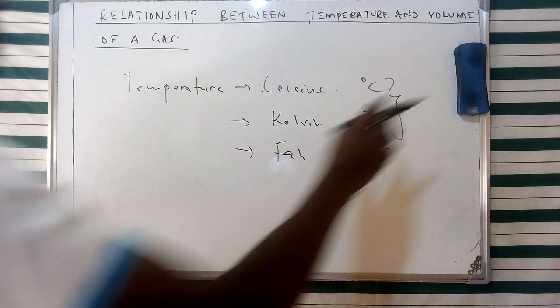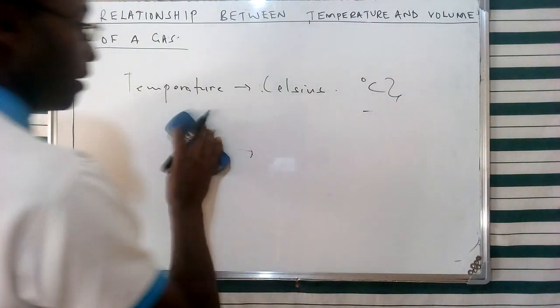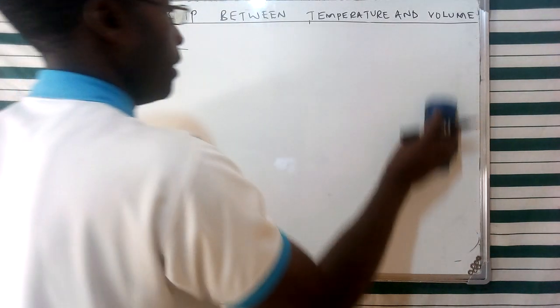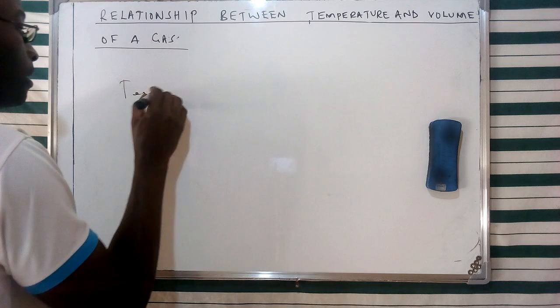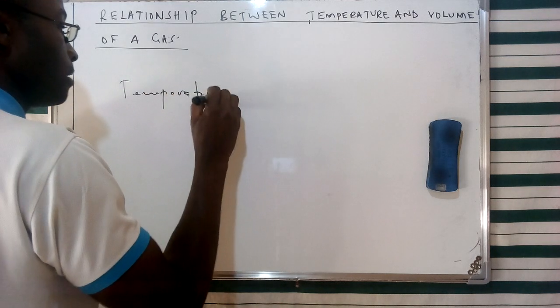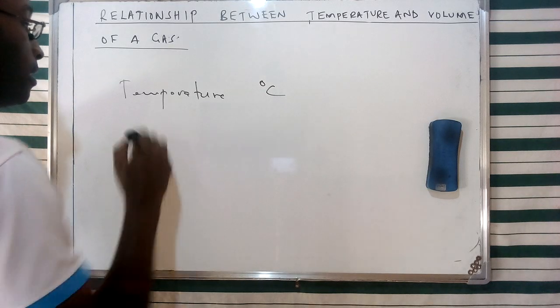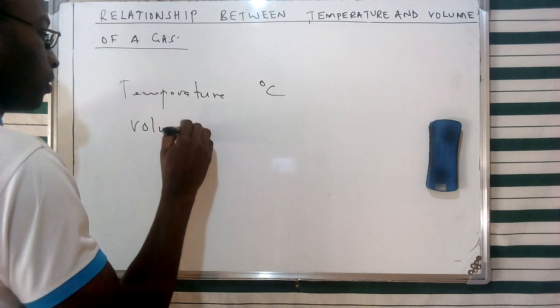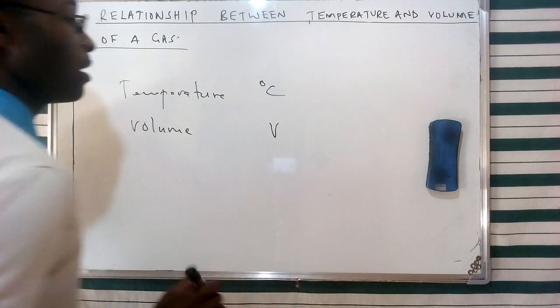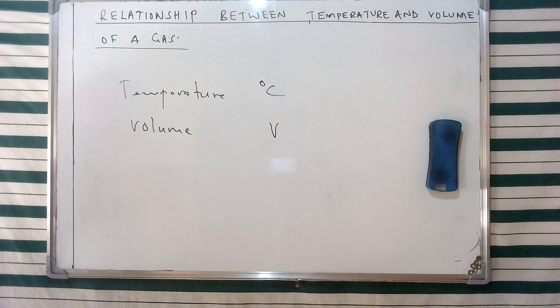So an increase in temperature by a particular factor, especially if we are considering temperature on a Celsius scale, is not going to culminate into a proportional increase in the volume of a particular sample of a gas.